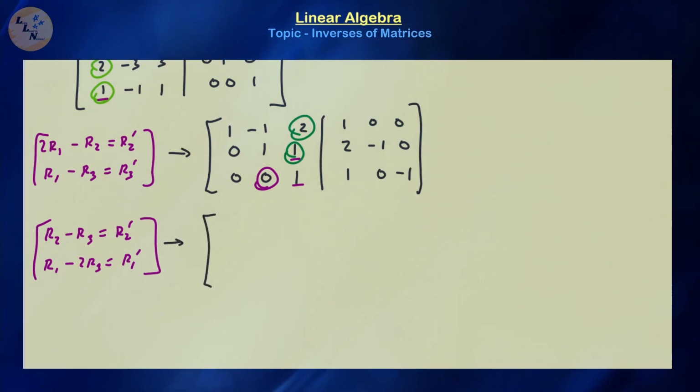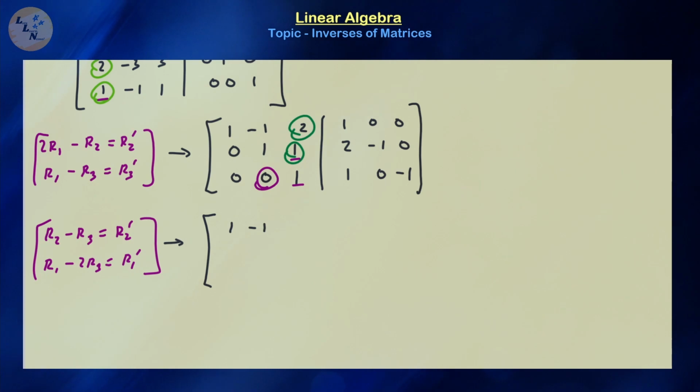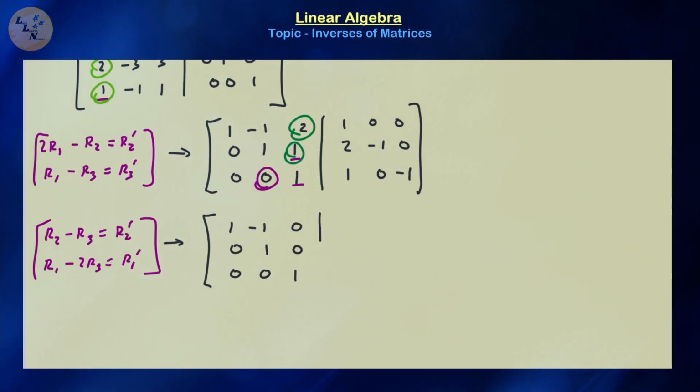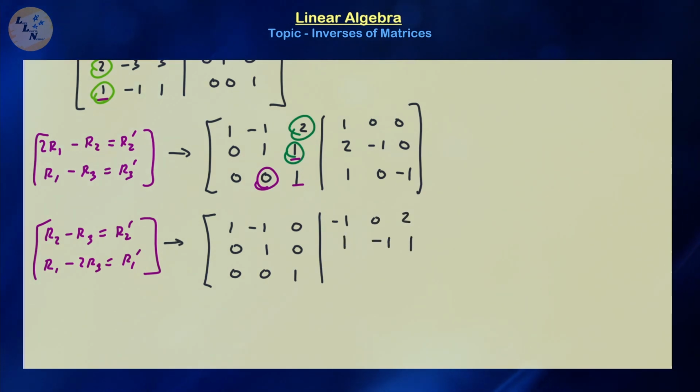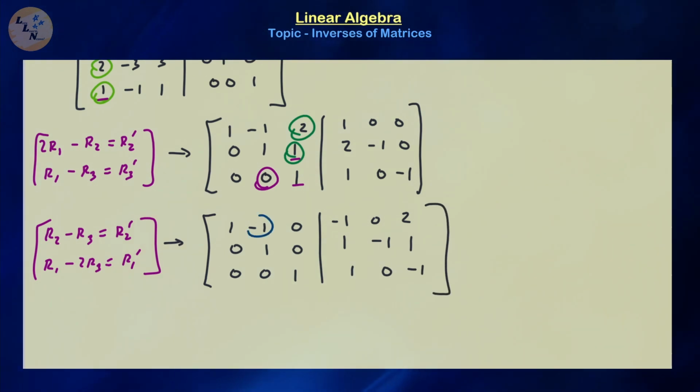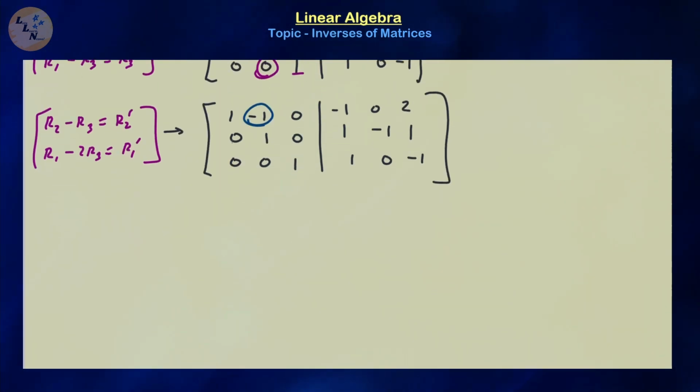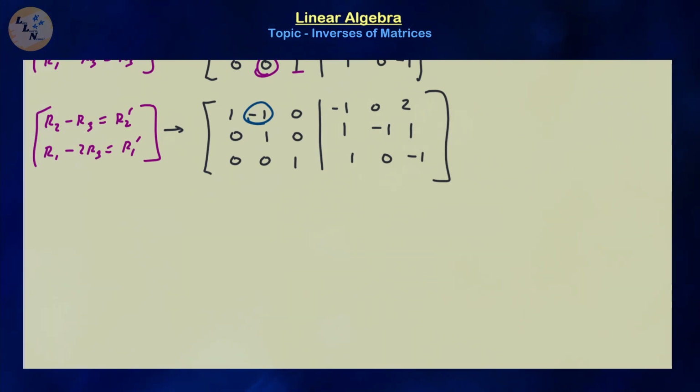So row 1 and 2 are going to change. That's going to give us 1, minus 1, 0, 0, 1, 0, and 0, 0, 1, augmented with negative 1, 0, 2, 1, negative 1, 1, and 1, 0, minus 1. There's only one thing left to focus on, and that's going to be that minus 1. So how are we going to do that? Well, we can just add row 2 and row 1 together to eliminate that, which is going to be pretty nice.